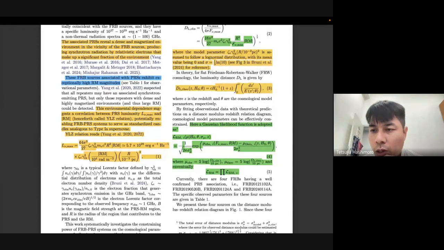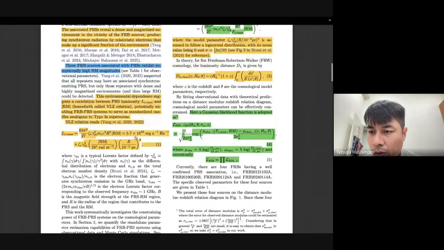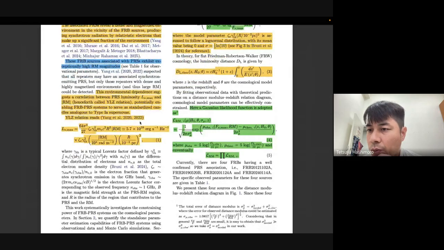Therefore, I think there should be cosmology assumed in the YLZ relation in that paper. Maybe I can check. So that means this YLZ relation should be calibrated with, say, either the local distance ladder or CMB. Therefore, their result in this paper is probably affected by this calibration.